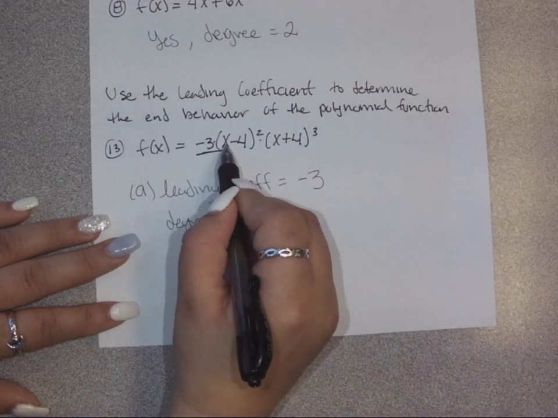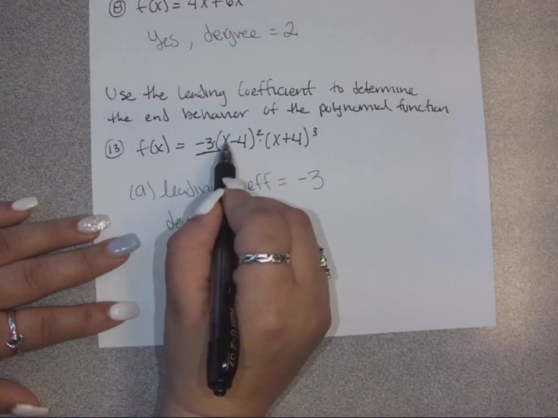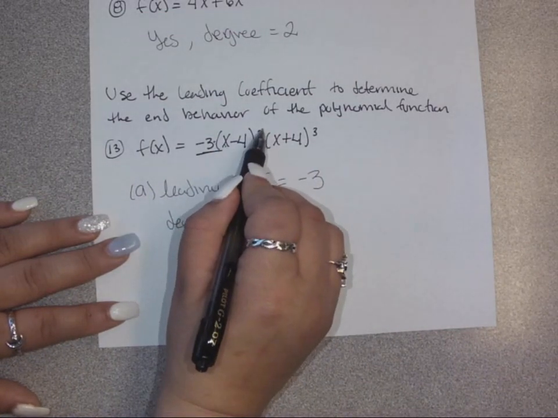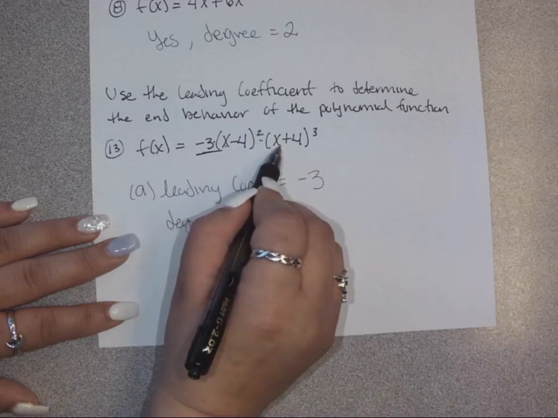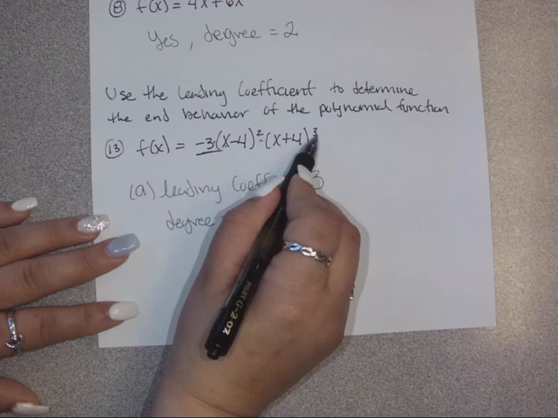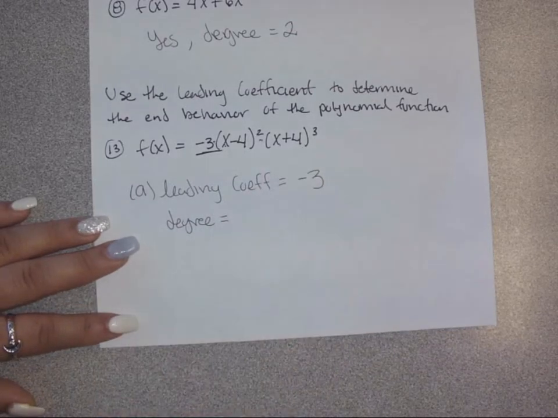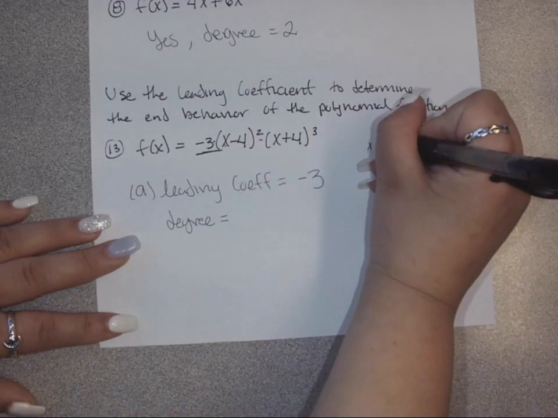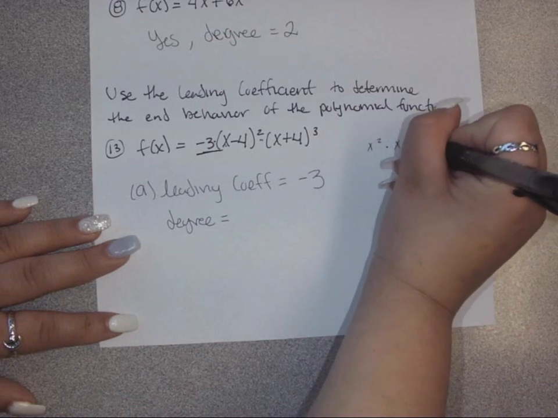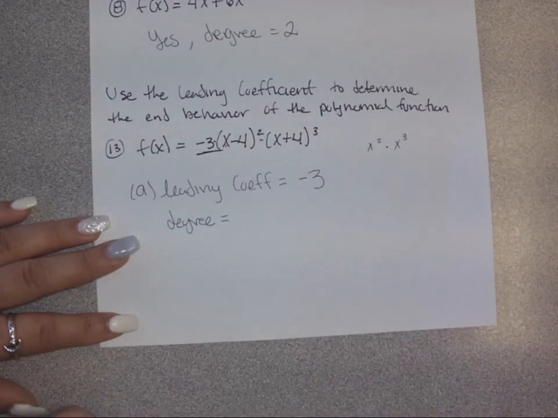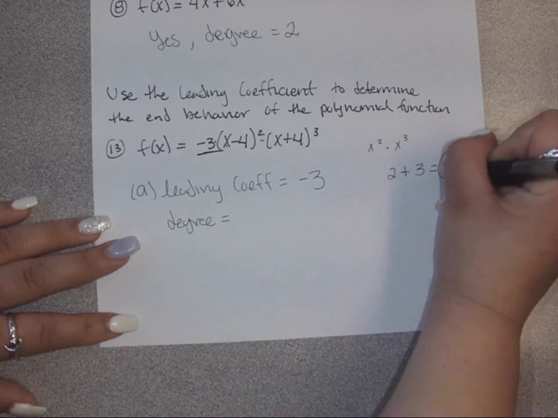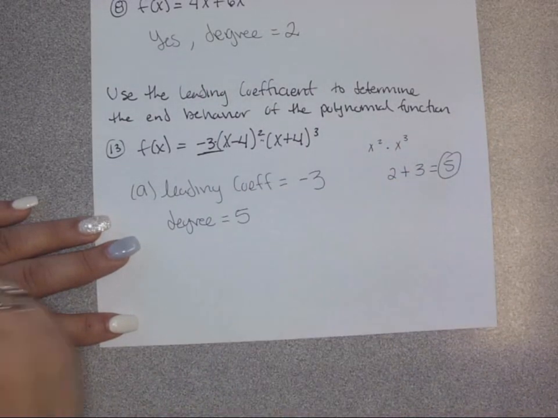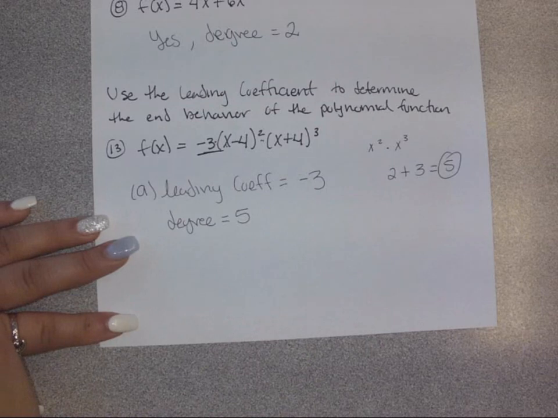So in here, we have an x, but this x is eventually going to get squared, and we're multiplying by another x, but this x is eventually going to get cubed. So if you think about it, you're going to end up with an x squared times an x cubed, and when we multiply same bases, we add the powers. So we end up with, this is a polynomial of degree 5.